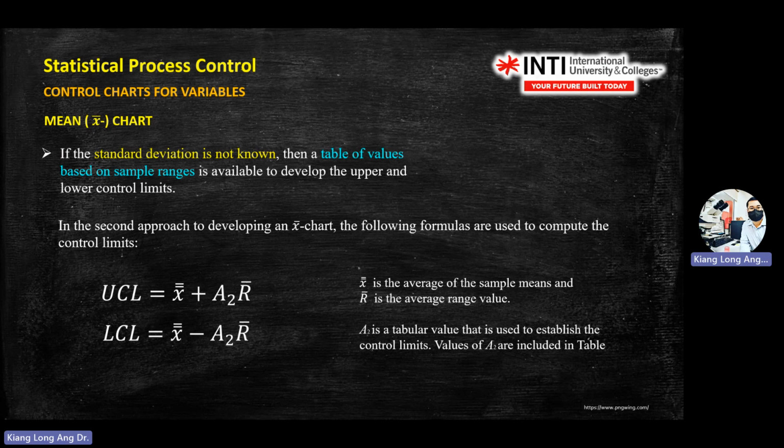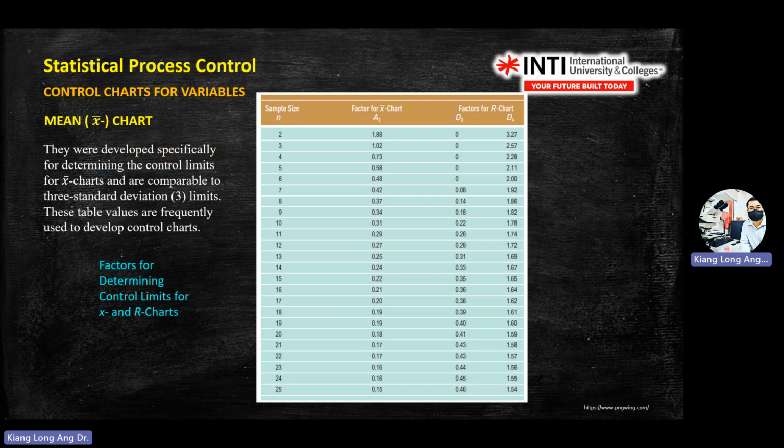For mean chart, you are using the A value in this column. But later you'll see another chart called range chart, where you're using D3 and D4. Even on the table, it tells you factor for mean chart, factor for R chart. So in this case, we are referring to these two columns at this moment.